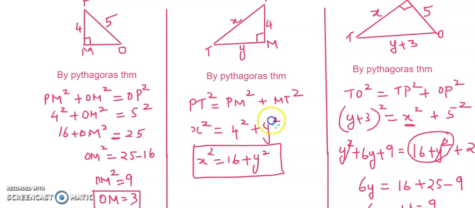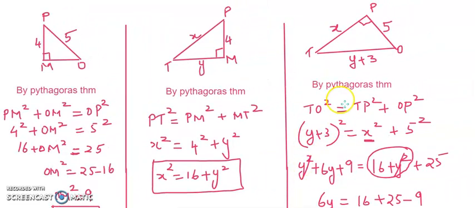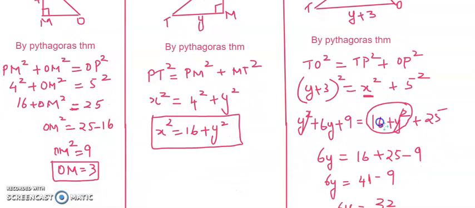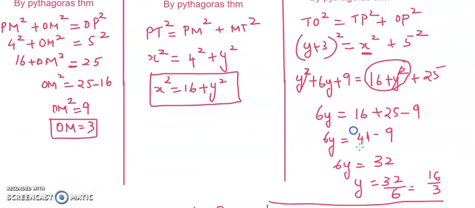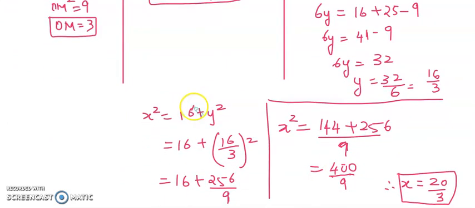Then the second Pythagoras for TPM, where we got the value of X square. Then in the final one, TO is TM plus MO, which we got as Y plus 3. Again, in the Pythagoras, we have substituted the value of X square. We found the value of Y, and then we again substituted the value of Y in X square to get the value of X. Hope this is clear, right?